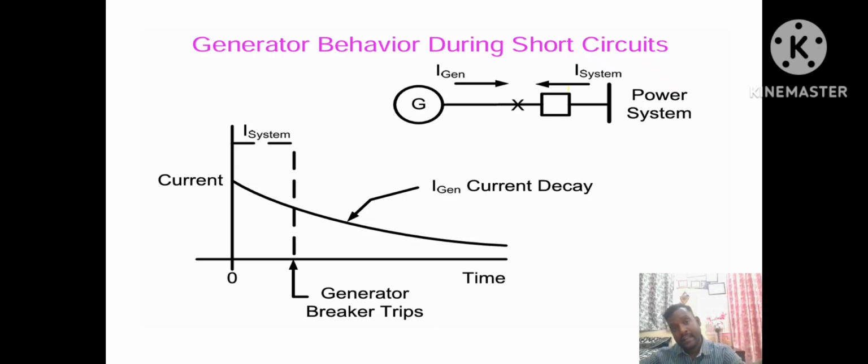This is very interesting: the generator current decays because the current is going toward the fault. After the breaker trips, generation will be lost, and the generating current in amperes is trying to decay. So this is very important: what will happen in our system under fault conditions?